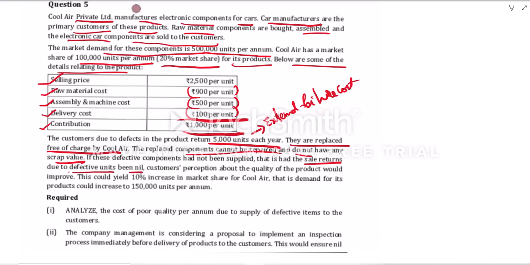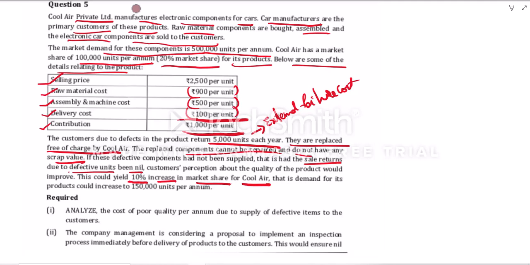Customers' perception about the quality of the product would improve. Okay, if there are no defective products, then there would be no returns, and from the customers' perspective also quality will improve. This will yield a 10% increase in market share for Cool Air. Because of these defective products they are losing this 10% market share.